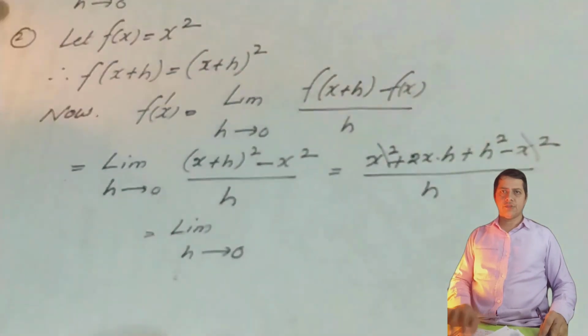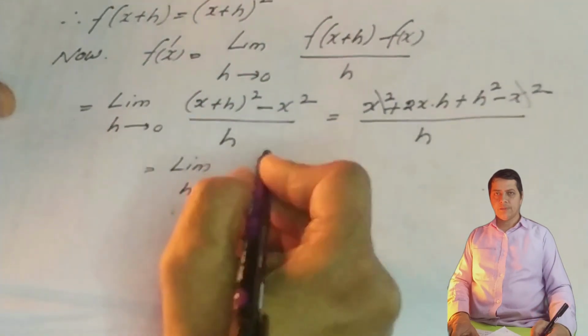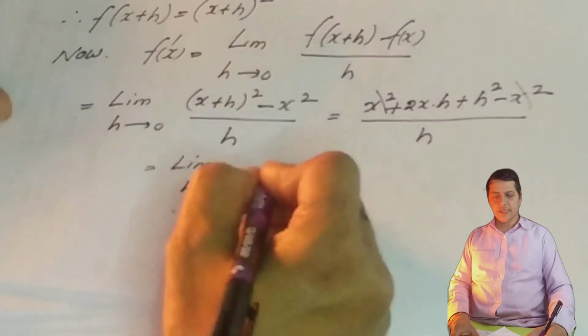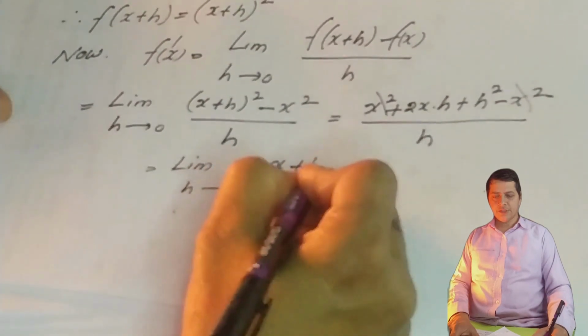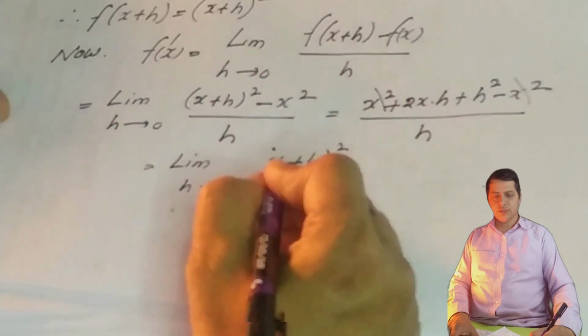Once again, limit h tends to 0. We already got (x+h) whole square here.